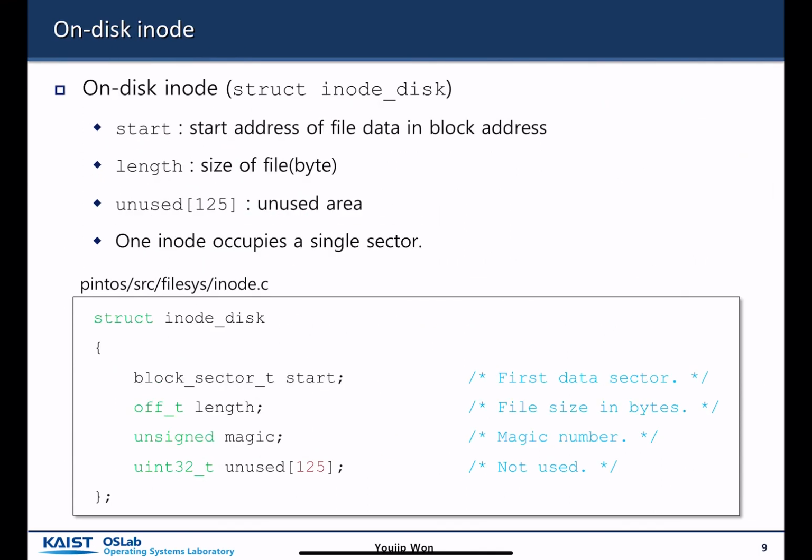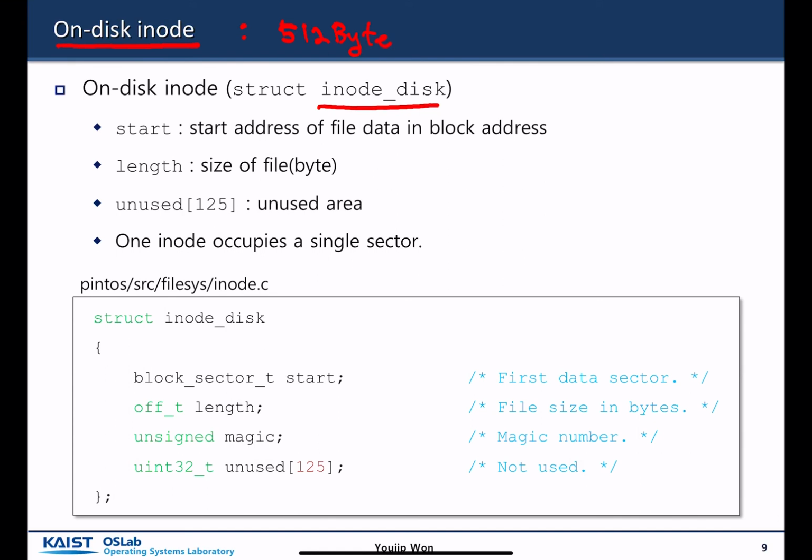Okay, next part is a more essential data structure called on-disk inode. It represents a file on the disk. The name of the data structure is inode disk. This is very large. This is 512 bytes. That's very sad.